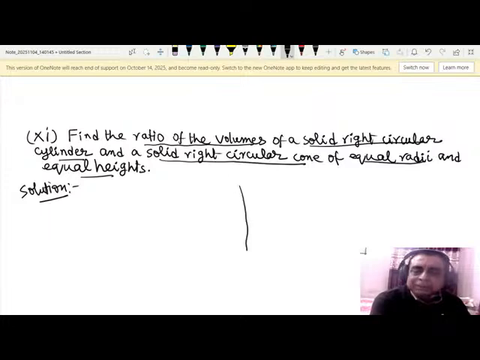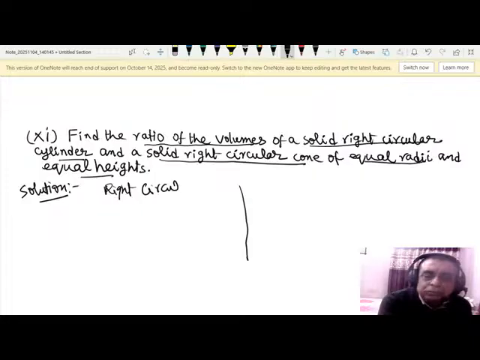So let us write here on the left side the right circular cylinder, and on the right side the right circular cone.